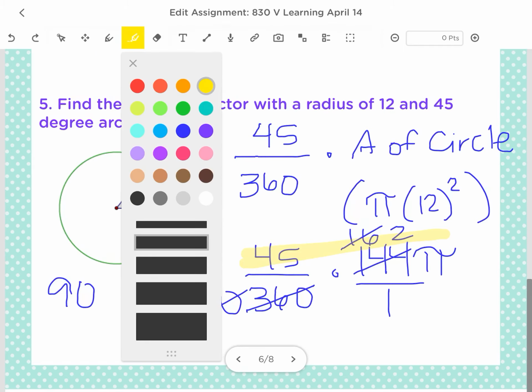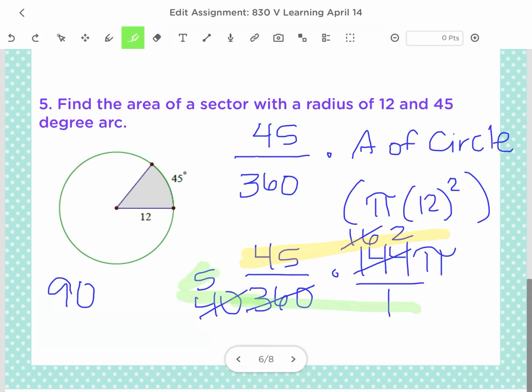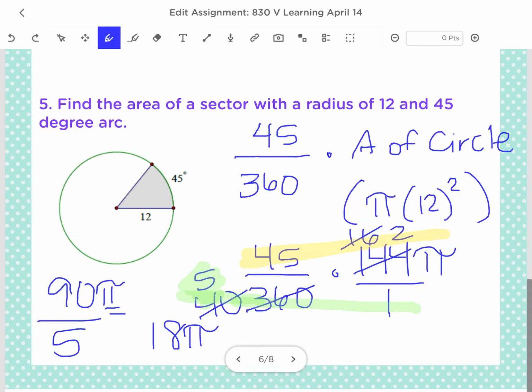In the denominator, I have 1 times 5, which is 5. We know that 90 over 5 simplifies to 18. And don't forget the pi there. If you want to think about it like this, you can think about it as 45 times 2 pi, so it'd be 90 pi over 5, but the answer is 18 pi, and that again is the area of that sector.